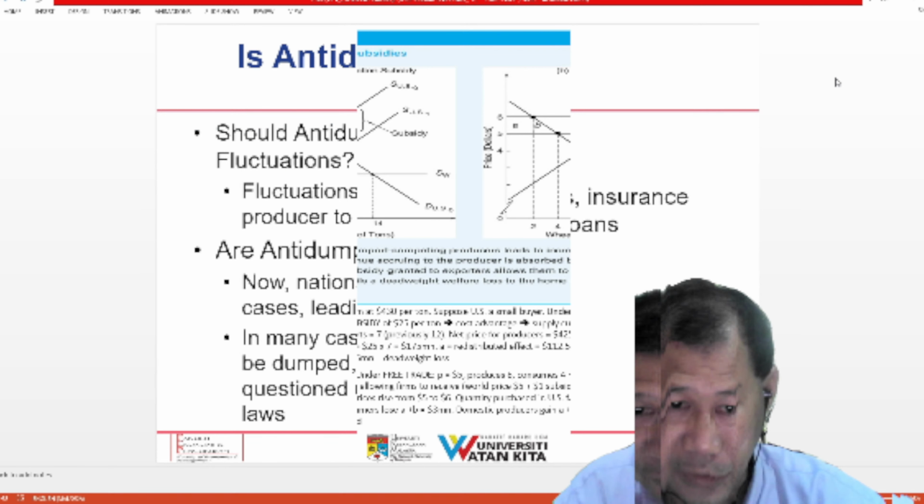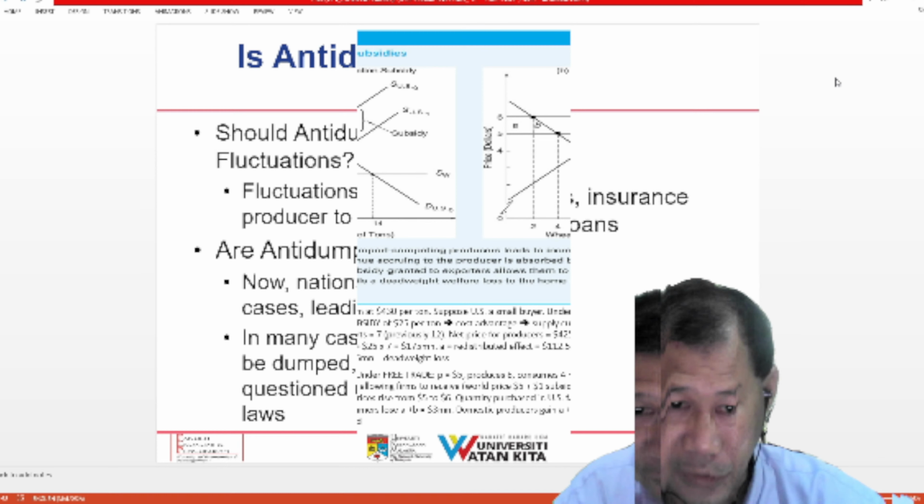We can skip this. Should anti-dumping law reflect currency fluctuation? A fluctuation in the exchange rate can cause a foreign producer to dump, according to the legal definition. Because of the exchange rate, they can sell cheaper legally.